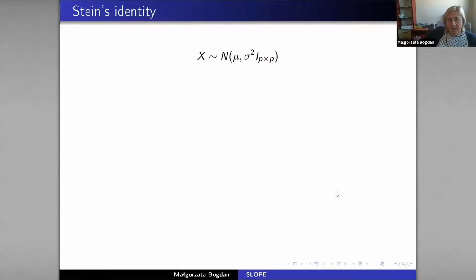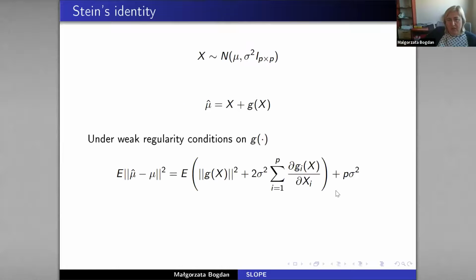Okay, and a short comment: the proof of this is very simple. You can find it in the lectures of Emmanuel Candes, and it's based on Stein's identity. Stein's identity gives you the formula for the expected value of the square of this difference, in the case when the estimator is equal to x, the MLE, plus some function g of x.